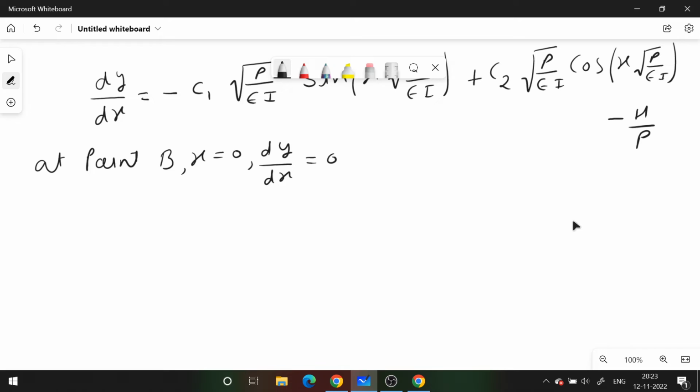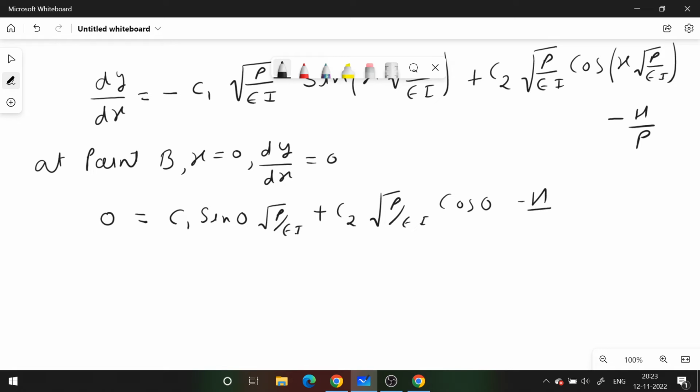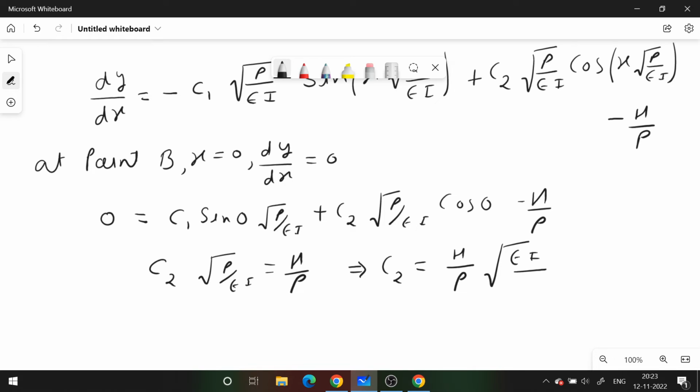Now putting the values in above equation, 0 is equal to C1 sin 0 into under root P upon EI plus C2 under root P upon EI cos 0 minus H by P. Now from here C2 under root P upon EI is equal to H by P, which implies C2 will be equal to H by P under root EI upon P.